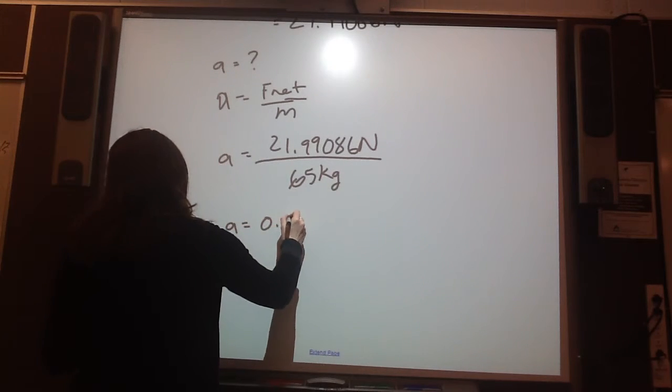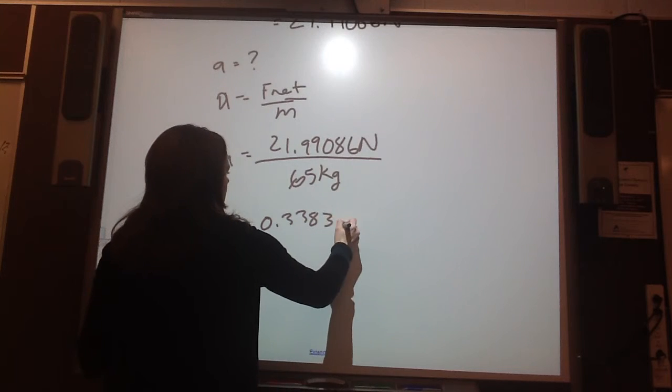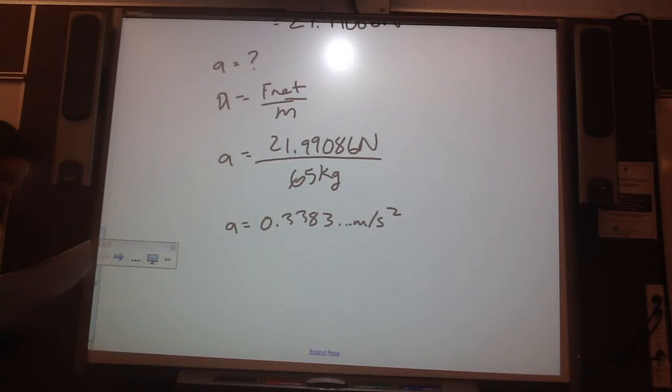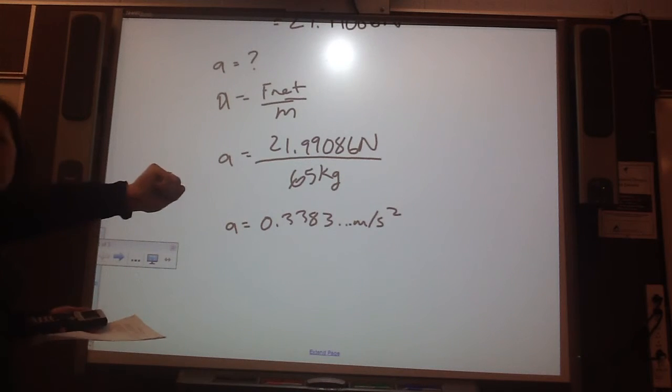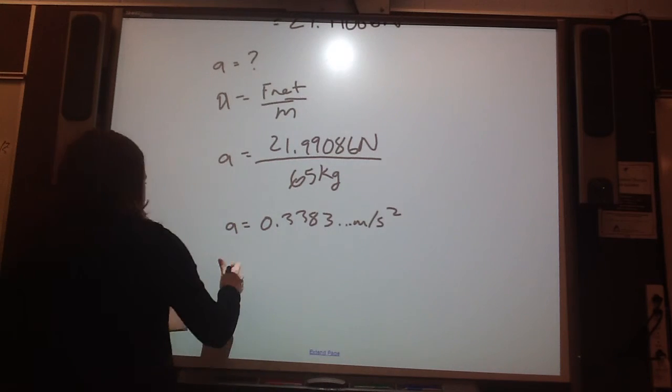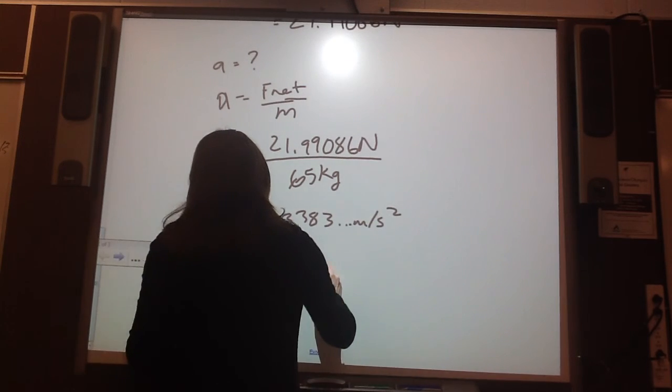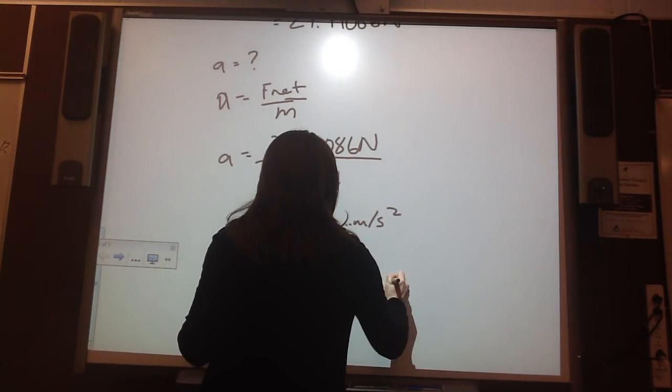A is equal to 0.3383, etc. meters per second squared. And we could actually say about this that it's going east, because if it was being pulled northeast at that angle, we know overall the horizontal direction is east. So then A is equal to 0.338 meters per second squared east.